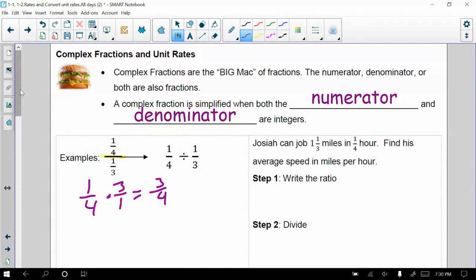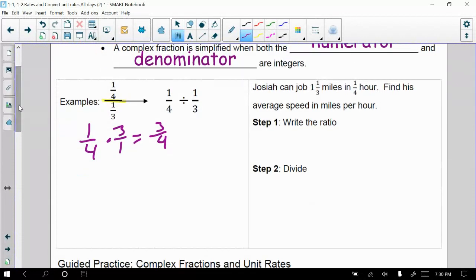Then, of course, word problems are always going to come in play, especially since we have unit rates. Okay, so Josiah can jog 1 1/3 miles in 1/4 hour. Find his average speed in miles per hour. Okay, so we need to write the ratio. Okay, the ratio, remember, is where we're comparing the two different units.